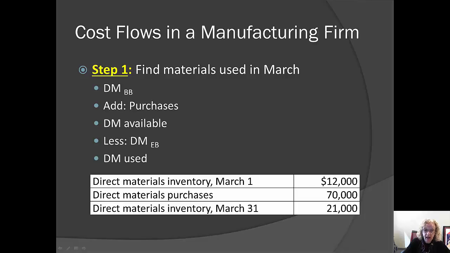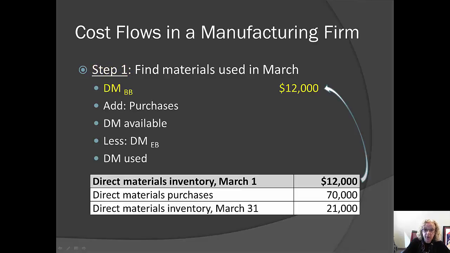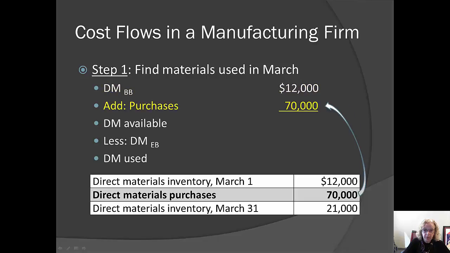So we start out with our materials beginning balance. That is, materials that we had bought before March ever started. During March, we bought more materials. Altogether, the old materials plus the new materials equals all of the materials that we could possibly use.